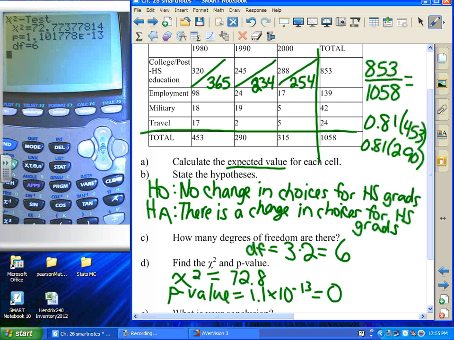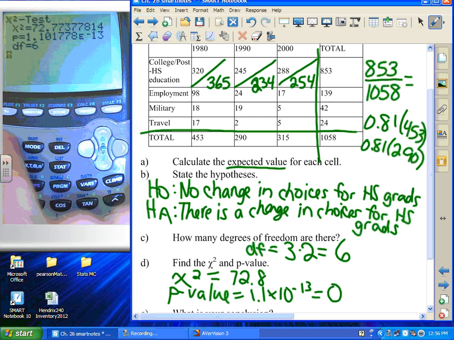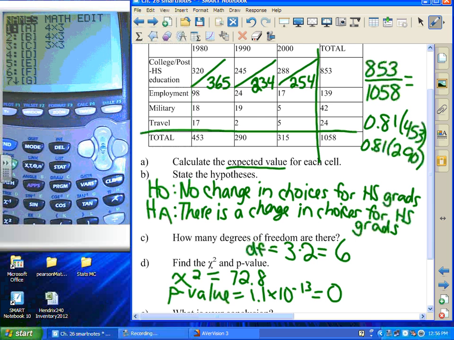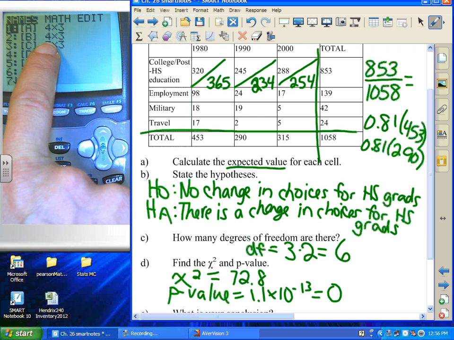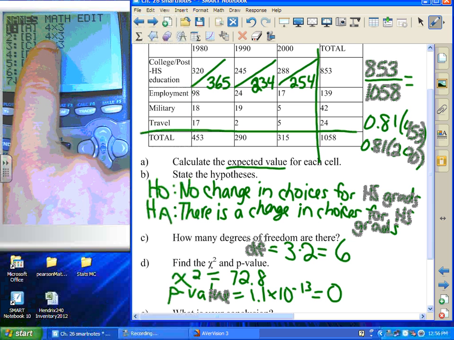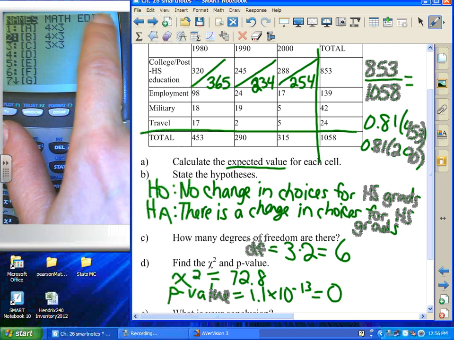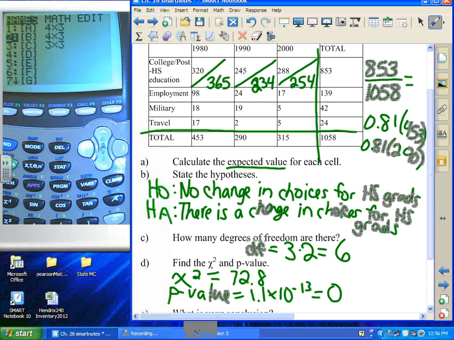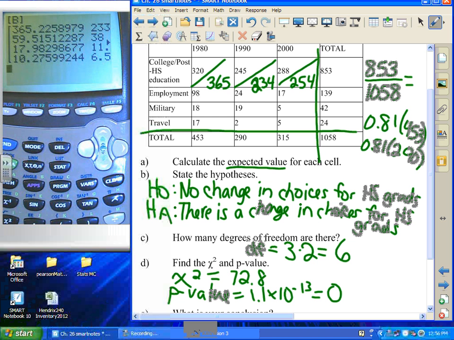So we're going to go back and look at matrix B. Go back to matrix, second x to the negative 1. Just go down to B. Don't go to edit, just choose B and hit enter. And those are all the expected values.